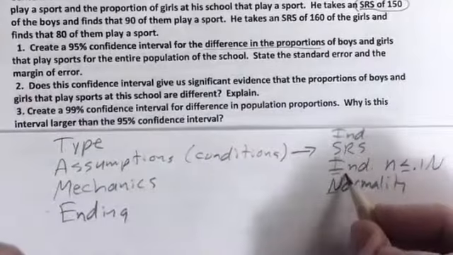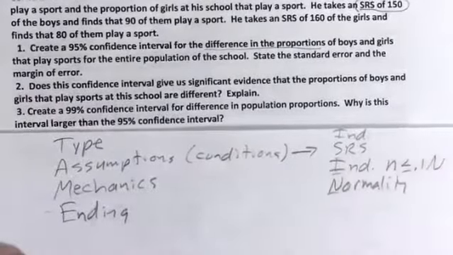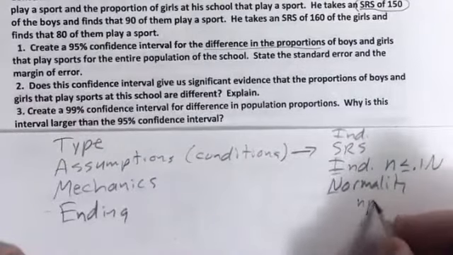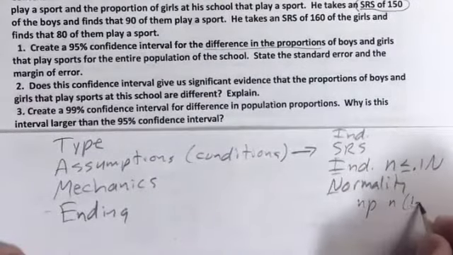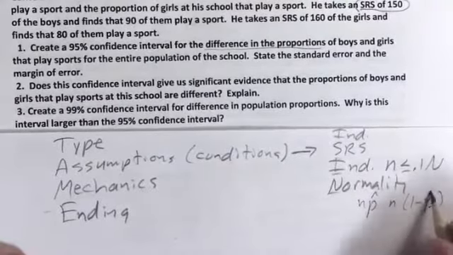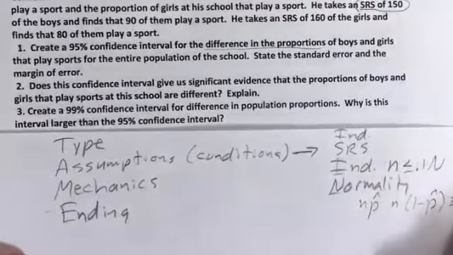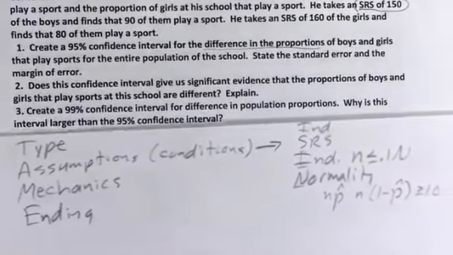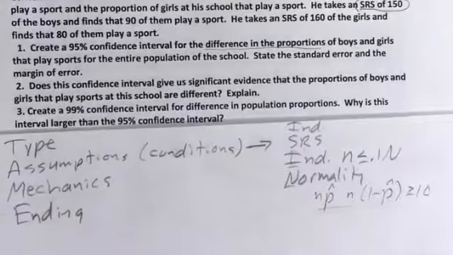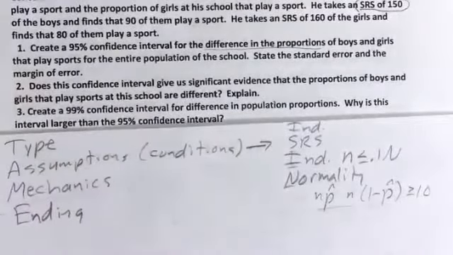And this is a different kind of independence where your population size needs to be big enough. And then your normality, n times p and n times 1 minus p, have to be greater than or equal to 10, but it's p hat, since we don't know what p is. That'd be greater than or equal to 10, but it's got to be true for both populations, n times p hat and n times 1 minus p hat for both populations, in this case, for the boys and for the girls.